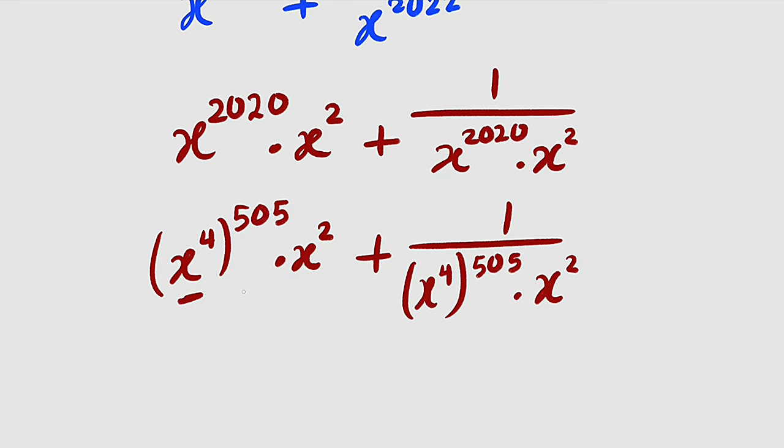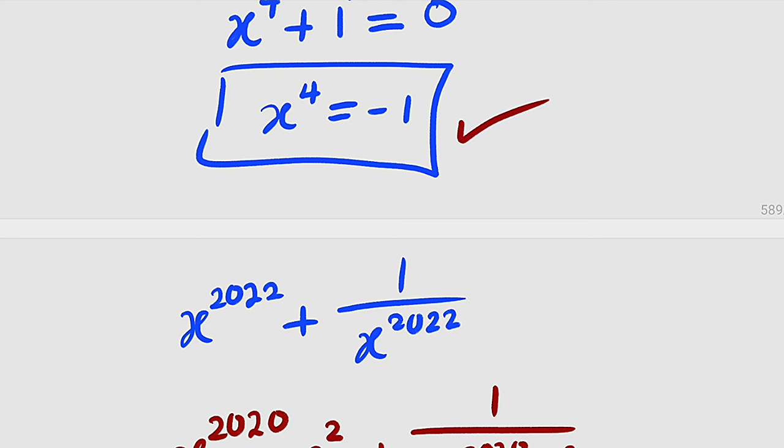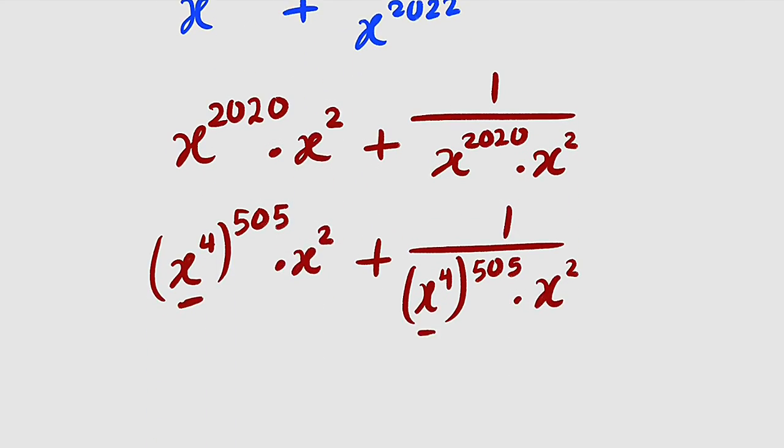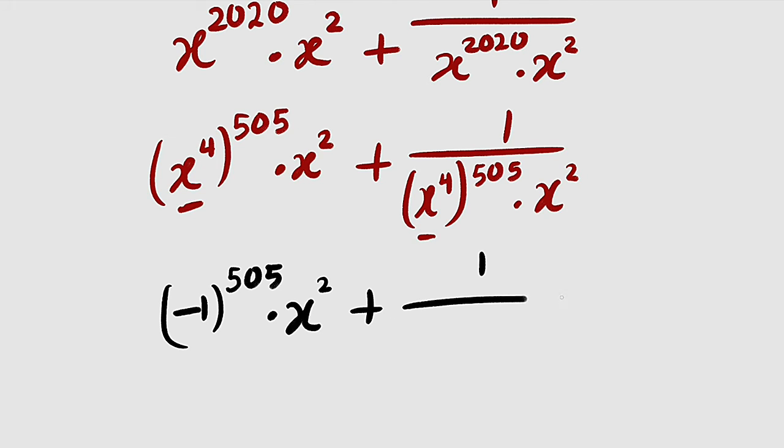But we have x to the power of 4 previously, which is what? Negative 1. So let's substitute it there. So we have negative 1 raised to the power of 505 multiplied by x squared plus 1 divided by negative 1 raised to the power of 505 multiplied by x squared.